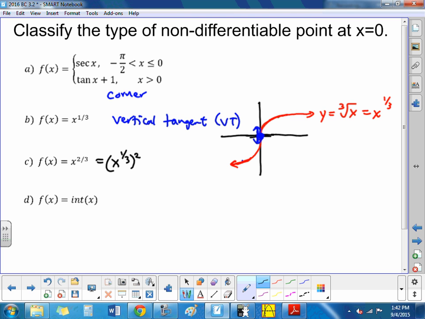So I've got the graph of x to the 1/3, and now I want to square that. What's that? Okay. Maybe, yeah, we would probably expect something fishy to happen at the origin. So, listen, the outputs of this function that we just drew are both negative and positive.